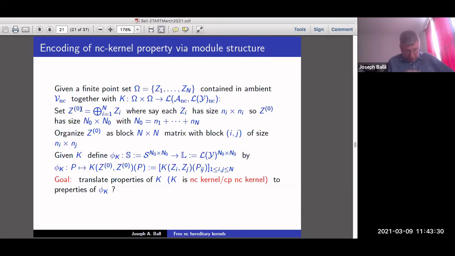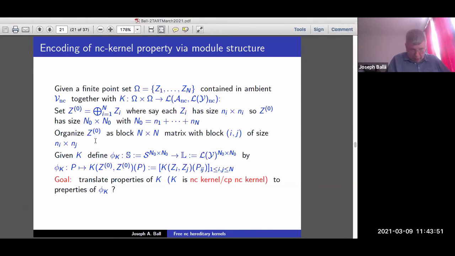Z upper zero is the direct sum of these finitely many points. And each Z_i has size n_i by n_i. So Z0 has size capital N_0 by capital N_0, the sum of the little n's.